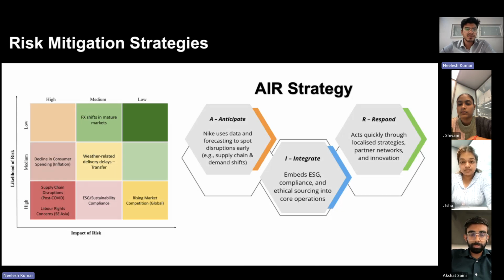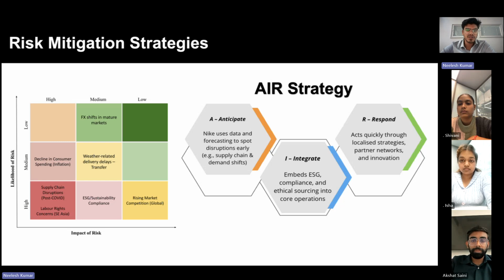This slide brings together Nike's key global risks and how the company addresses them through structured mitigation strategies. Some of the most critical risks Nike faces include supply chain disruptions, labor rights concerns, and sustainability compliance pressure.